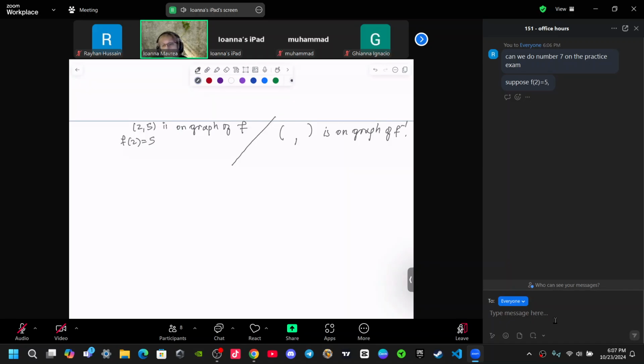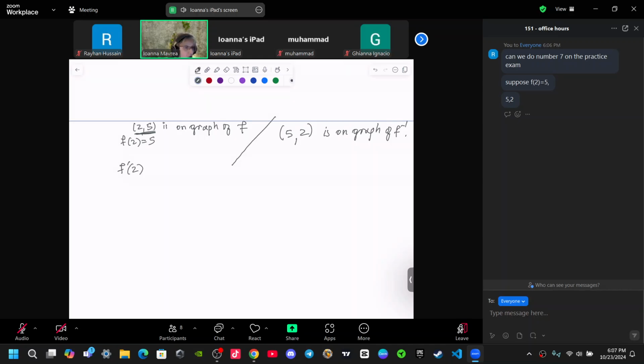Exactly. If (2, 5) is on the graph of a function, (5, 2) is on the graph of the inverse. Okay, so we keep that inside.